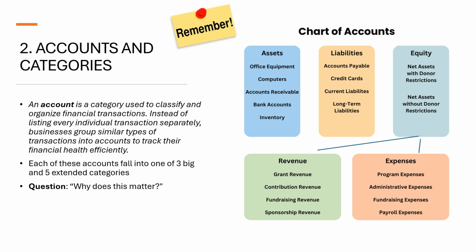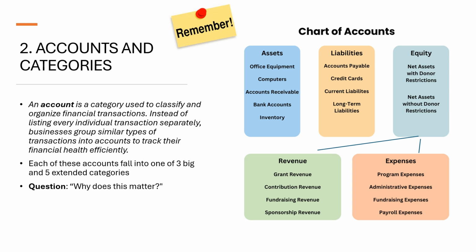So fundamentally, an account is a category used to classify and organize financial transactions. Instead of listing every individual transaction by its original record name, we put them into categories, i.e. accounts, in order to track the movement of one particular type of account.